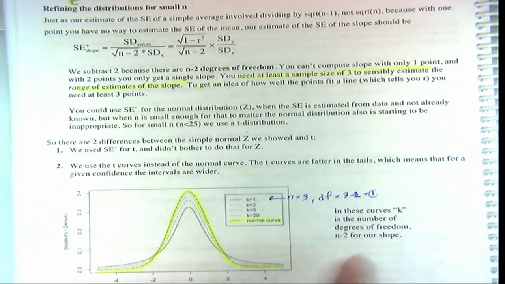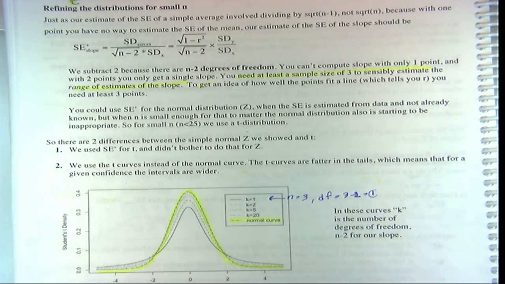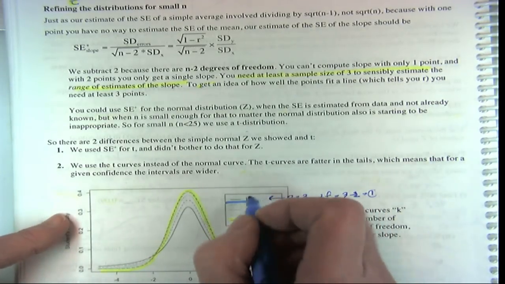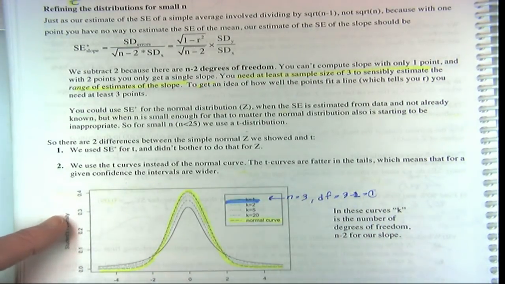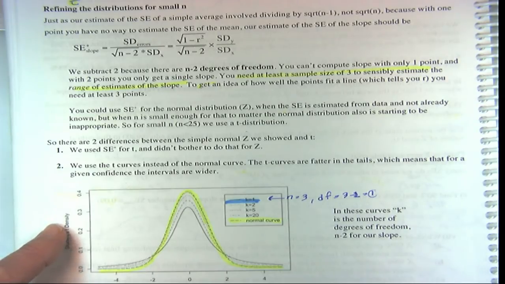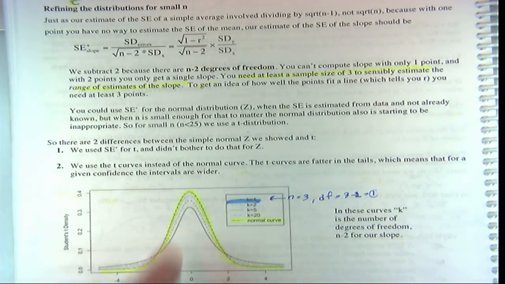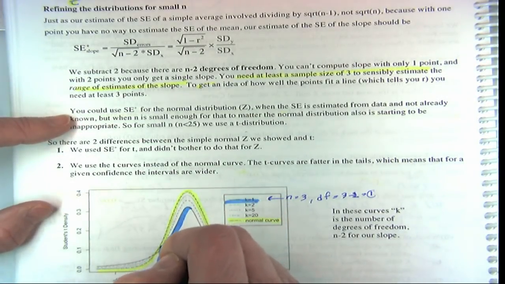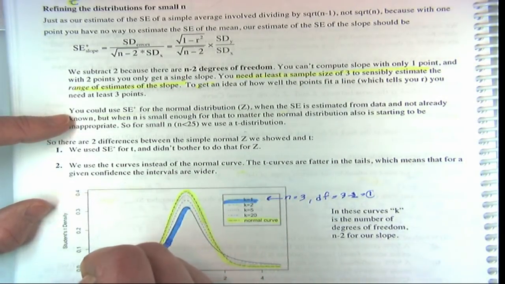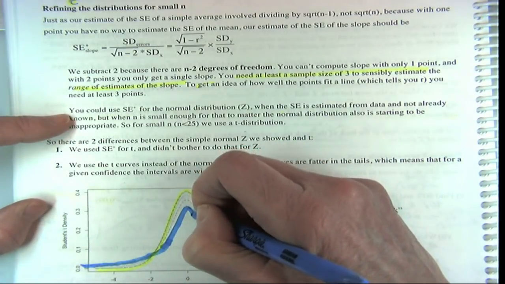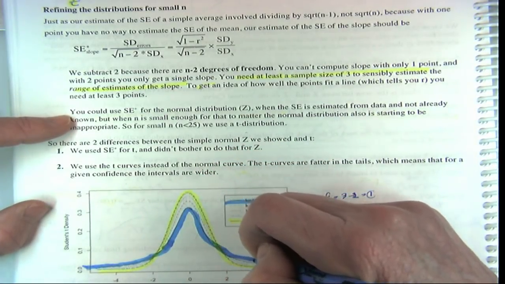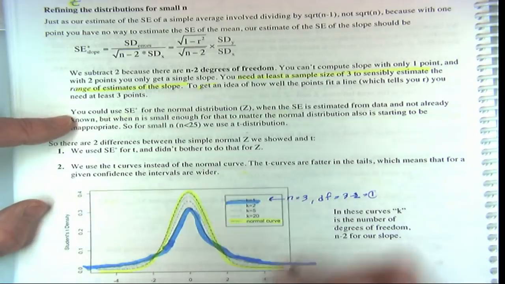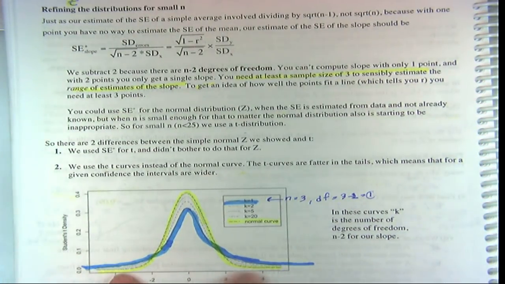So it's this one. This is if you have a tiny sample of only 3. And which one's that going to be? It's going to be the one that's furthest from normal. It's going to have fatter tails, see, it doesn't go down, and skinnier in the middle.